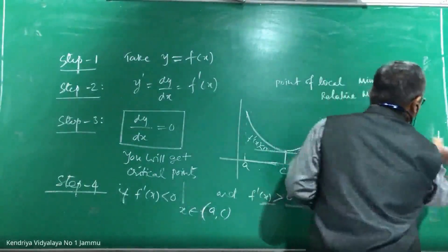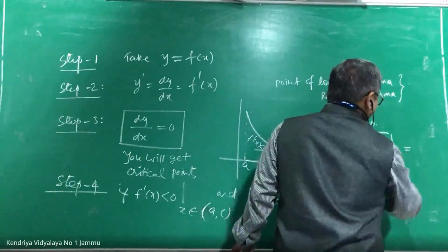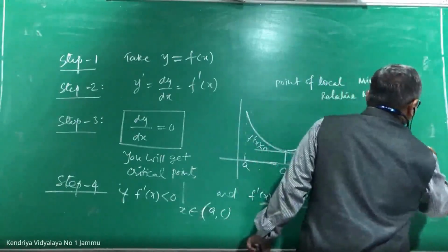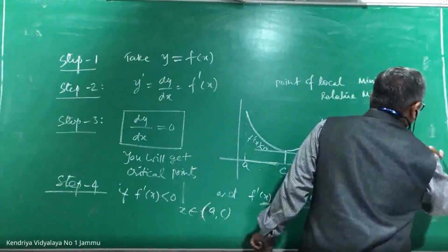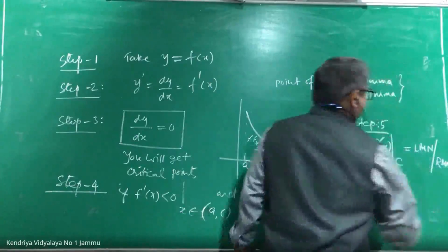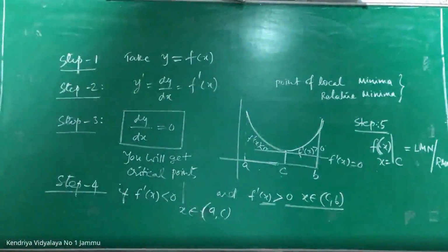So you will have to find out the value of f of x at x is equal to c at step number 5. Then what we get is called local minima or relative minima. Please remember. Please write this down.